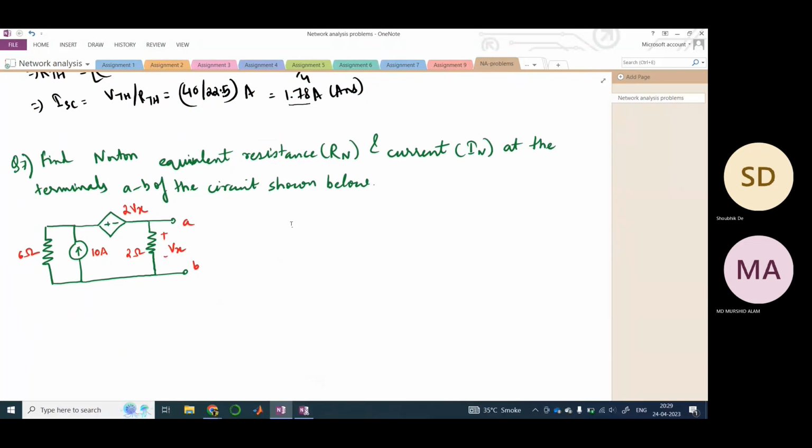Okay, and the remaining is the two port theorem. We'll see two problems on that, and another is the mutual inductance problem. That is very easy. You just need to remember the formula, that dot convention, right?